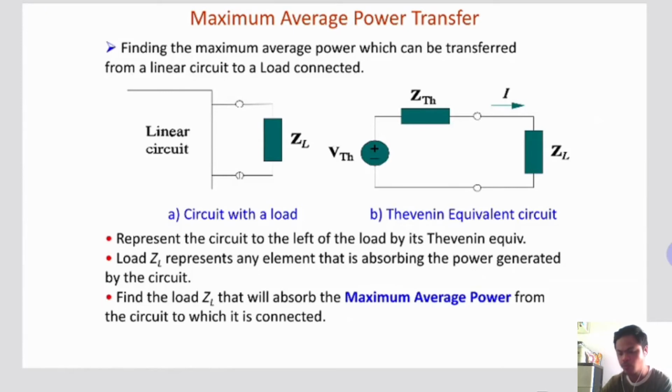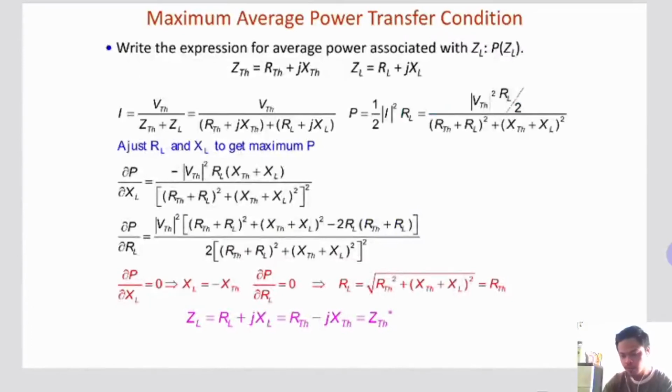So we have to determine the Thevenin voltage and Thevenin impedance of that circuit, the same principle as DC analysis or in your circuit theory 1. From that we can derive the equation for maximum average power transfer. The derivation of this can also be found in your books.